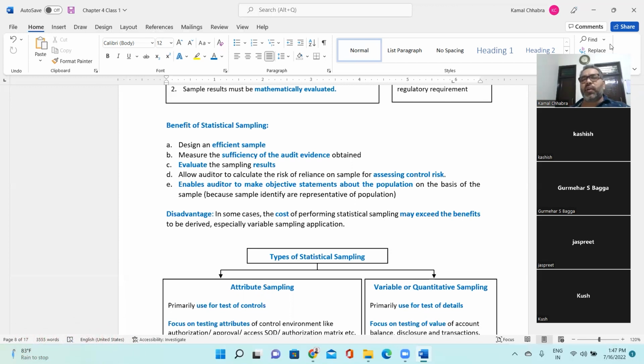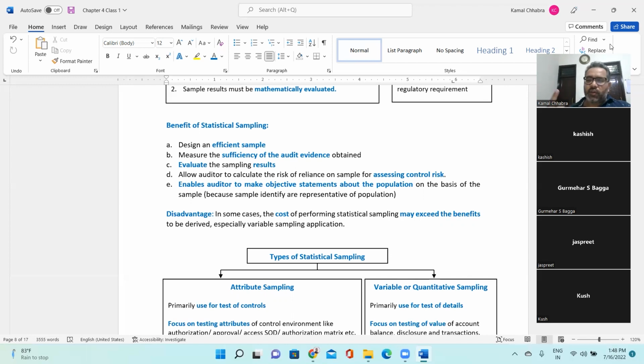And 20% of their purchases are spread over maybe 1,000 suppliers. Someone is supplying rings, someone is supplying tubes, someone is supplying bolts, someone is supplying nuts, and so forth, right? In that manufacturing company. So if you go for a random selection and you test 25 samples, 30 samples, 50 samples, it may not be that effective.